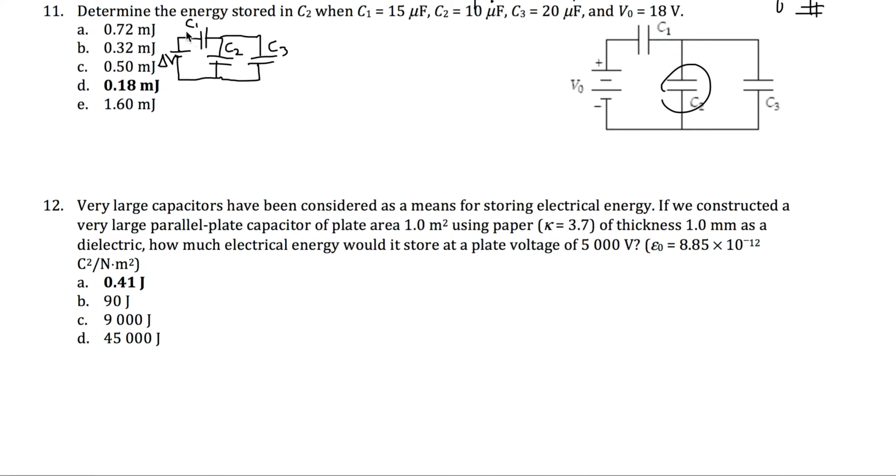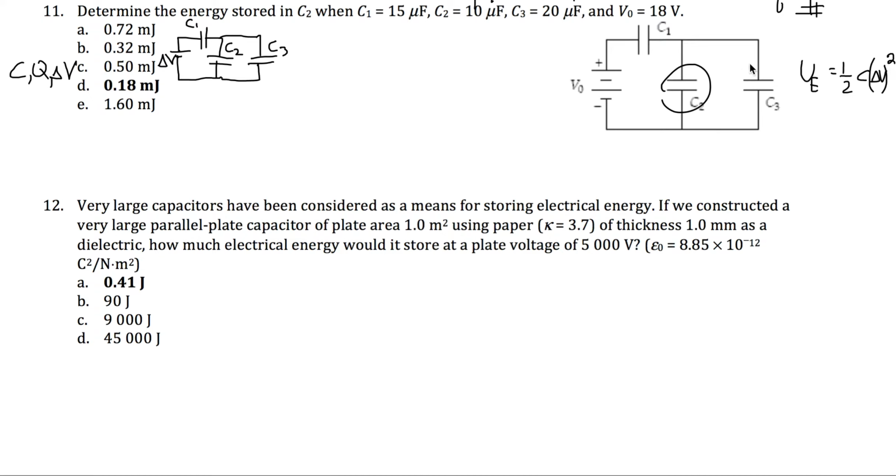So we look at this, and we know that we're asked for energy, so you might be thinking, for energy, I just need 2 out of these 3 variables, C, Q, and delta V. I have the capacitance, I have the potential difference, let me just plug them into this equation, UE equals 1/2 C delta V squared.